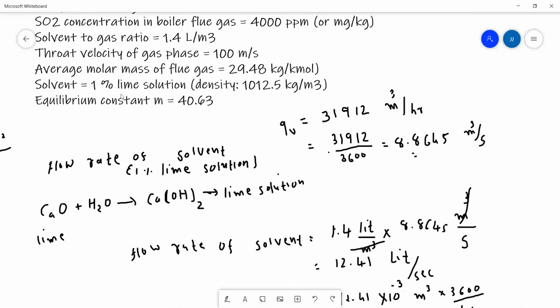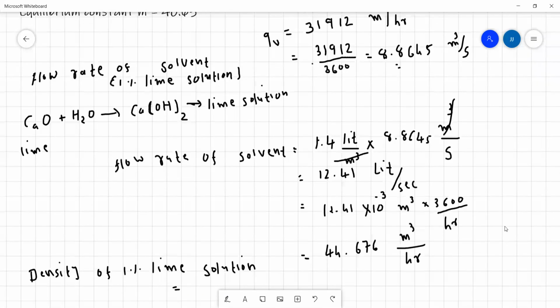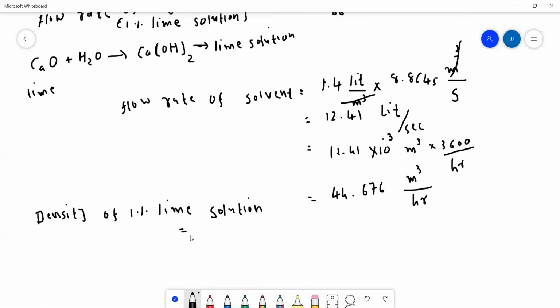Solvent is 1% lime solution. Density is 1012.5 kg per meter cube.